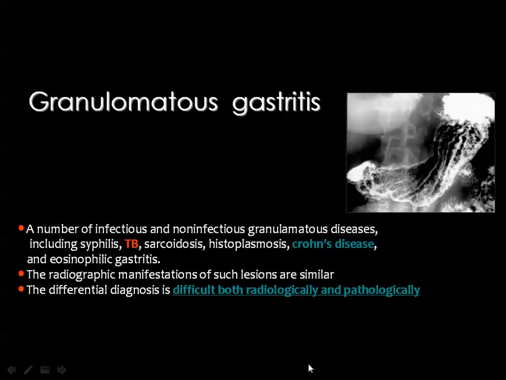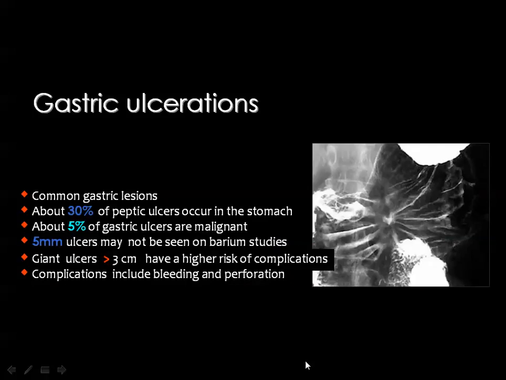Then one type of gastritis is what we call granulomatous gastritis, and many diseases can cause this type of gastritis, like TB, sarcoid, histoplasmosis, Crohn's disease, and eosinophilic gastritis. You should remember that we cannot, by radiology and even by histopathology, discriminate between these types of granulomatous gastritis.